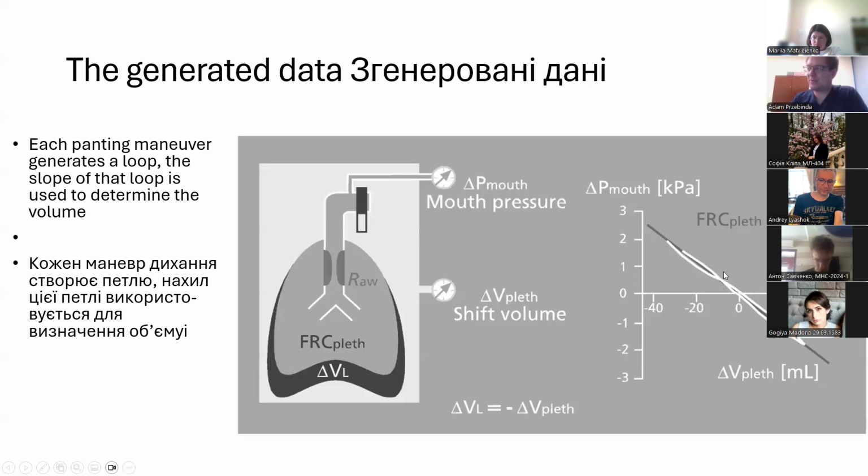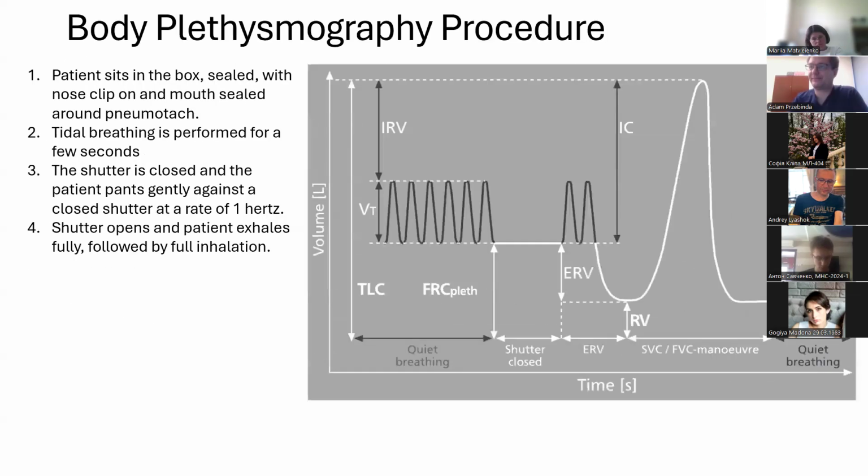And this loop should be very narrow. And the delta P over delta V is a slope. So the slope of this line actually determines what the volume is, okay? So each panting maneuver generates a loop, and the slope of that loop is used to determine the volume according to the formula that we derived.